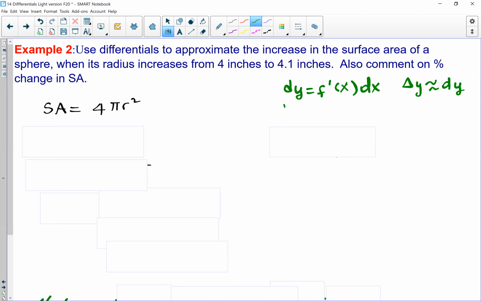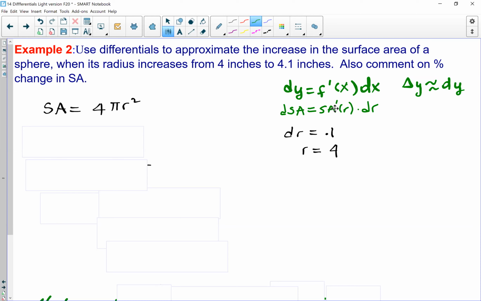So the change in surface area will be surface area's derivative times the little incremental change in r. And for this question, r is 4, and because it's going to 4.1, dr is going to be 0.1. dr is the change in the radius. Going from 4 to 4.1, the change in radius is 0.1. So for this question, dr is 0.1 and r is 4.